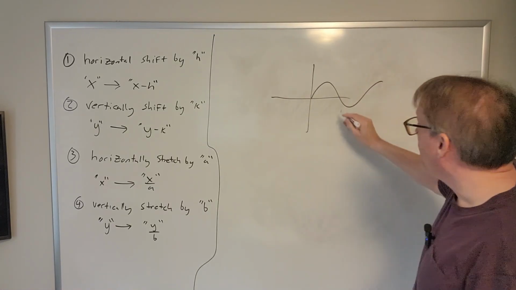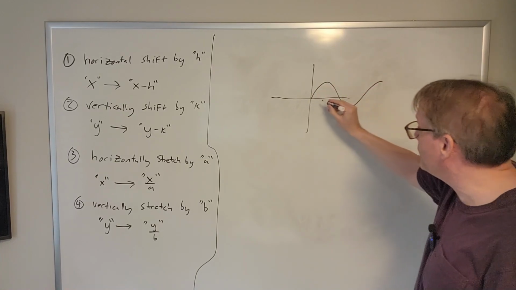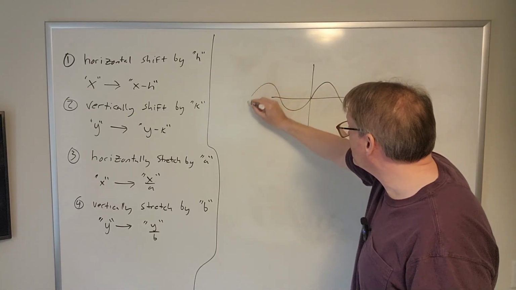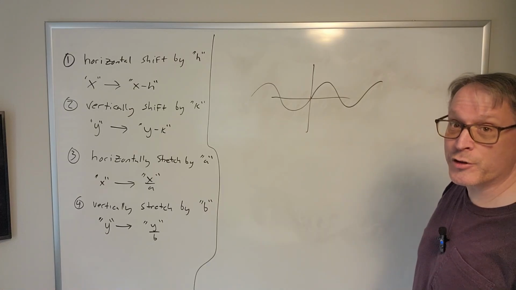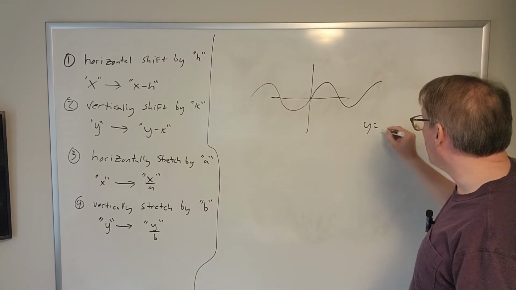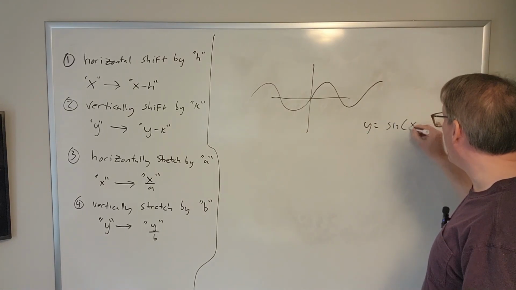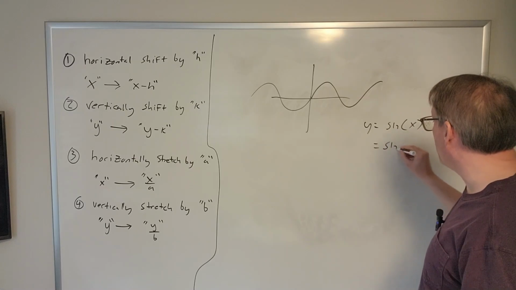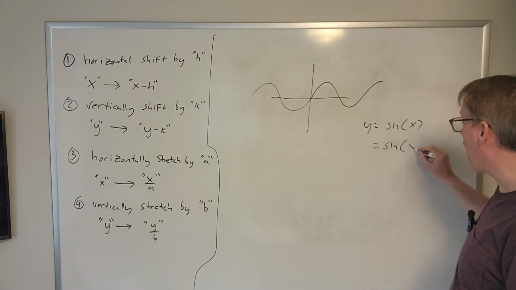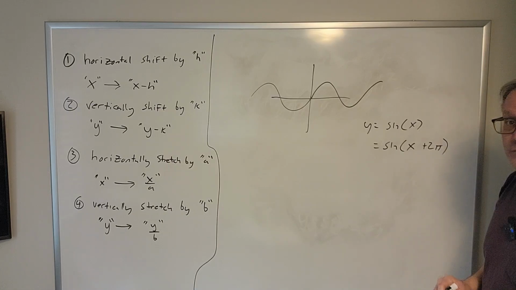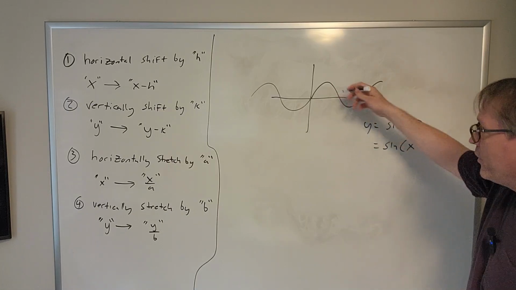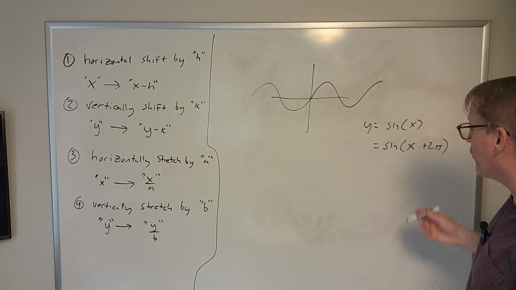If you shift it over, you could end up right where you were. The graph of y equals sine of x is the same as the graph of y equals sine of x plus 2 pi, because the period is 2 pi. So you're right back to where you were.